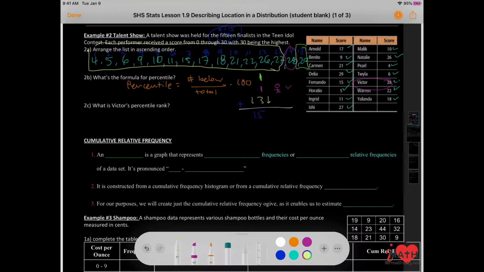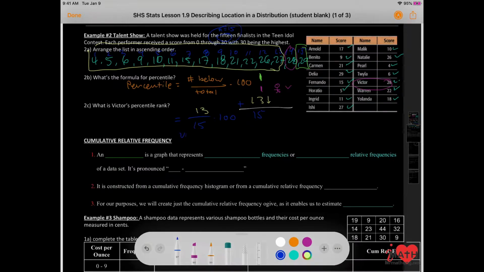So how many people are below Victor? That we said was 13. And over the total times 100, you'll get, so Victor has a score of 28.